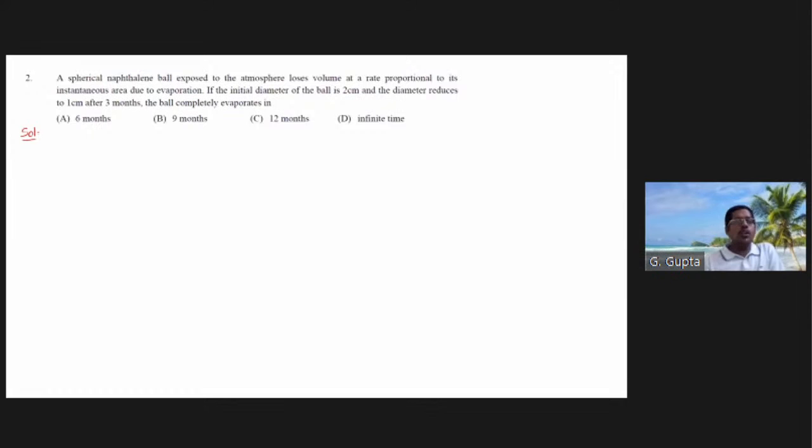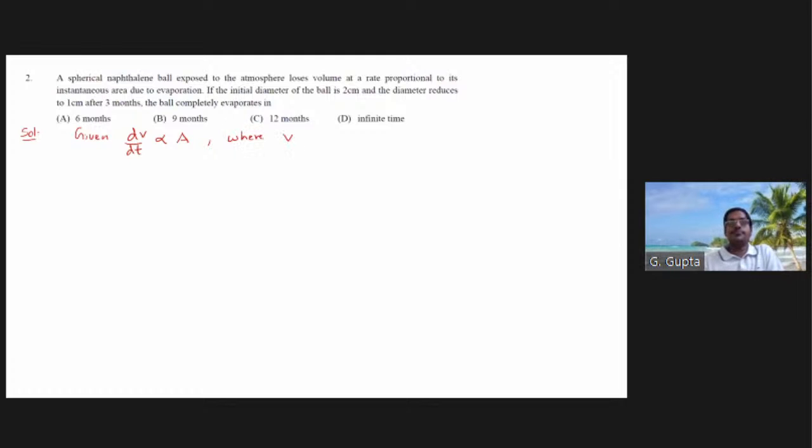Usually volume is denoted by V, area is denoted by A. So the verbal language given is converted into mathematical language: dV by dt is proportional to capital A. You know that in growth and decay, when it reduces, removing the proportionality symbol, multiply by the constant with minus. Generally in growth problems, you should multiply the constant k after removing the proportionality symbol.